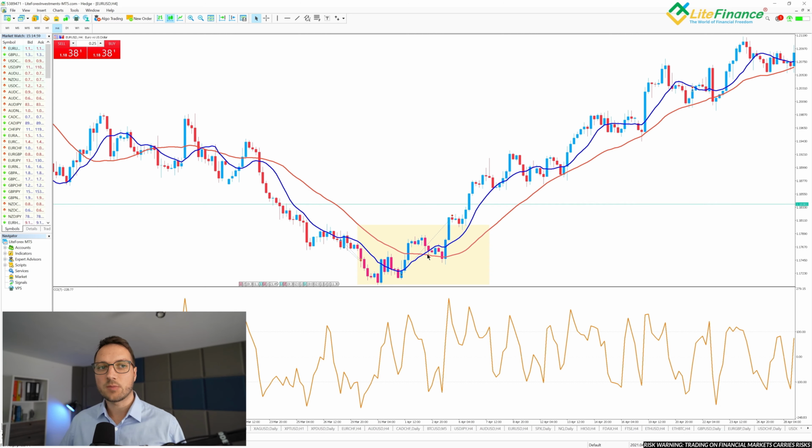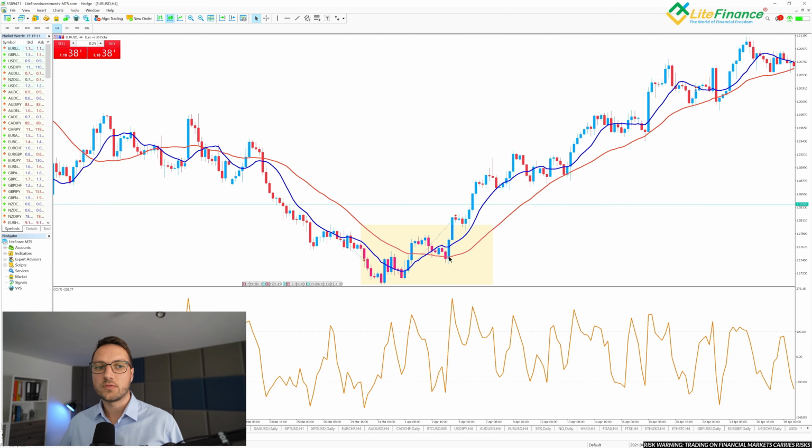After this happens, the price should reverse to the 30-period moving average. After that, you need to look for the signal from the CCI. So we are looking at this moment right here.